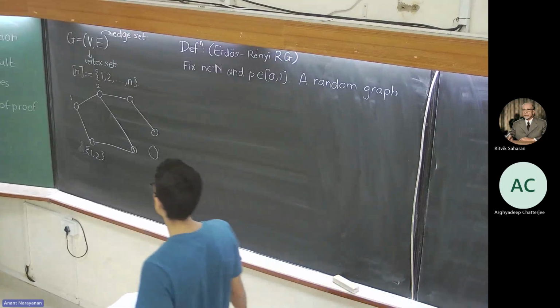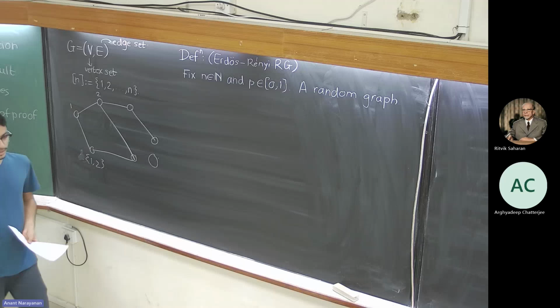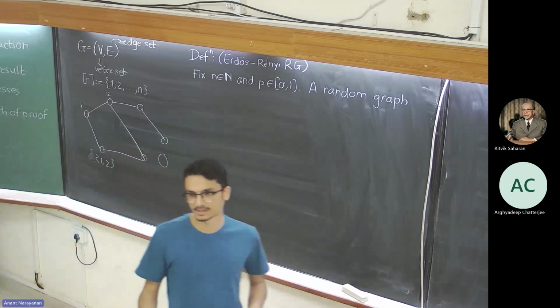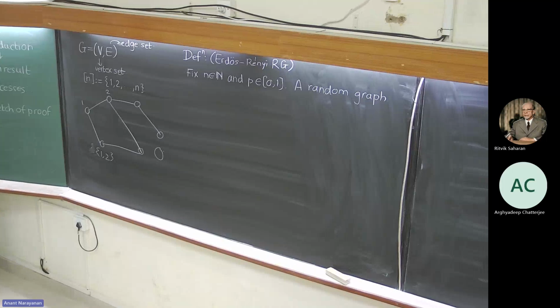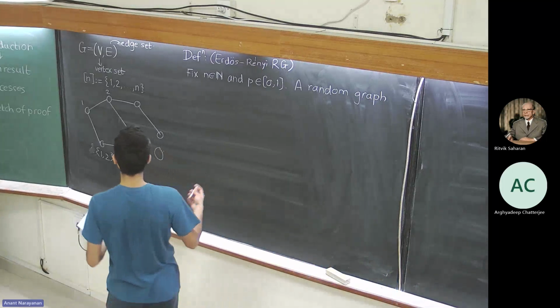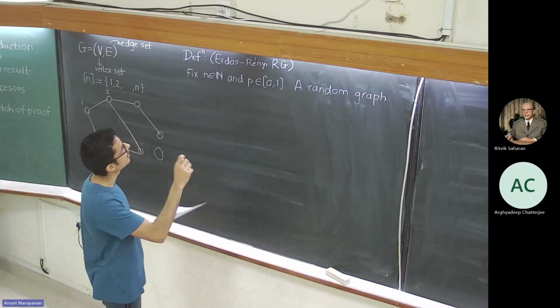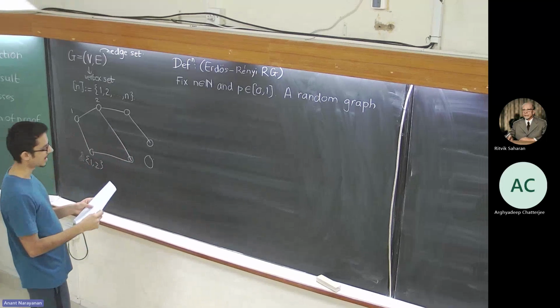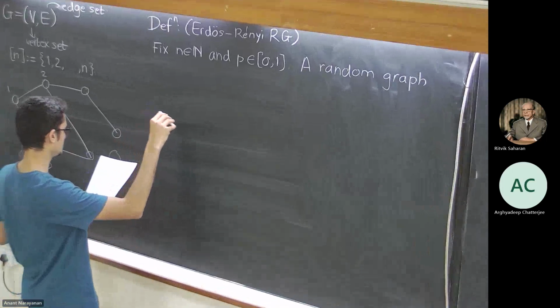So let's say I consider all graphs on n vertices and pick uniformly among them. Since it is a graph on n vertices, there are finitely many of them, so I can assign a uniform measure on it. So I'm telling you what an Erdös and Rényi random graph is, or how you pick a random graph from this set of graphs.